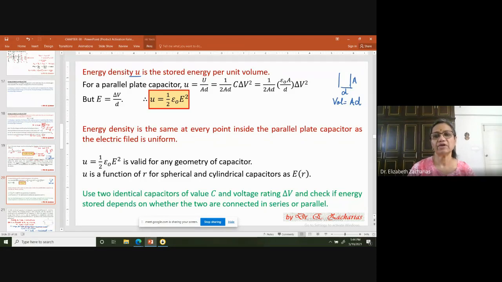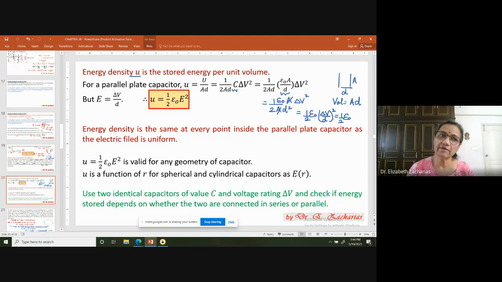Now let us write the expression for C. C is epsilon naught A by D. Once you do that, you get 1 by 2 A D square epsilon naught, then there is an A here which cancels out, and then you have delta V square. Or this becomes half into epsilon naught into delta V by D whole square. What is delta V by D? Anyone?